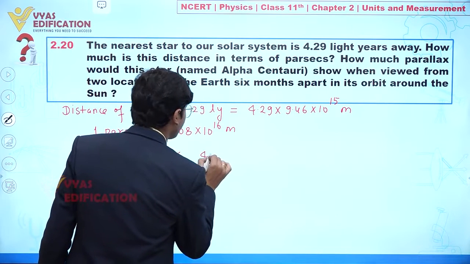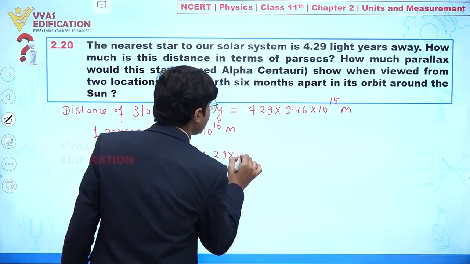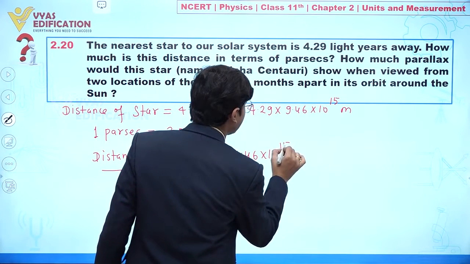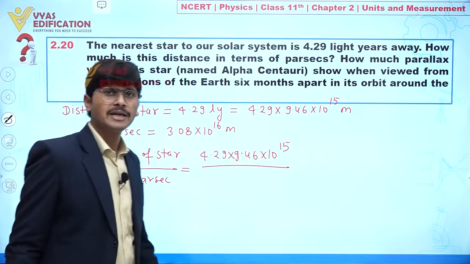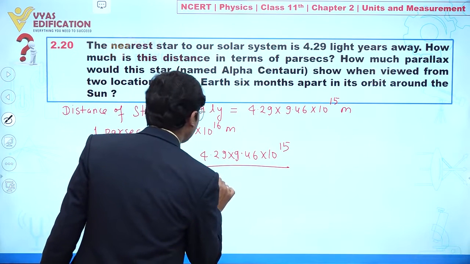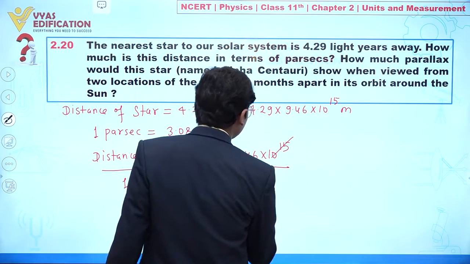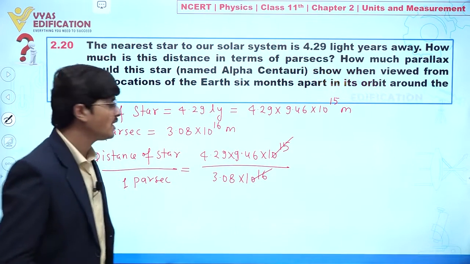This is equal to 4.29 into 9.46 into 10 to the power 15, divided by 3.08 into 10 to the power 16. From here, the powers of 10 cancel out, only a factor of 10 remaining.